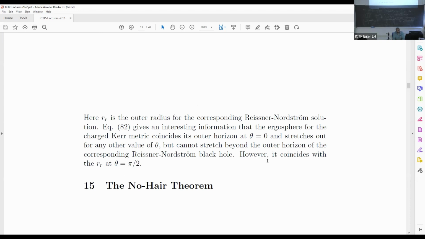I'll mention, for example, the energy momentum tensor for a perfect fluid, for an electrically charged object and a magnetically charged one. I think I should conclude today's lecture with this theorem, the no-hair theorem.